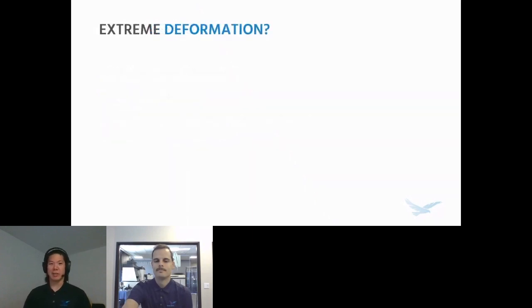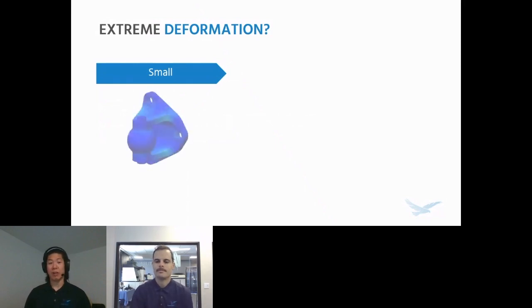So what are we talking about when we say extreme deformation? When we're dealing with simulations, finite element analysis, on the one end, we often classify problems as small displacement problems. This is where we've got a model, we're applying some loading to it, we're developing stresses and strains, but the shape isn't really changing. The shape that we see at the end of the analysis is basically the same as the shape we started with.